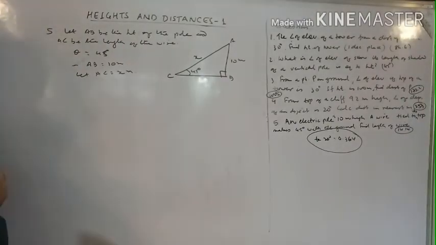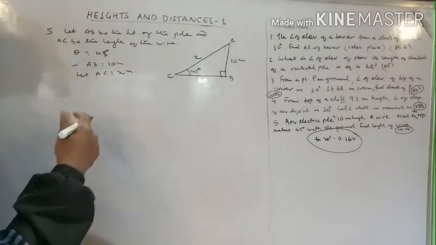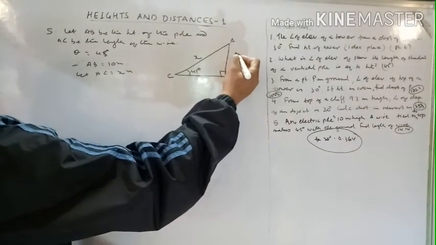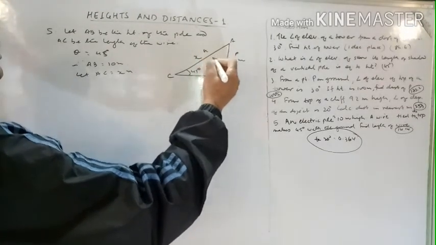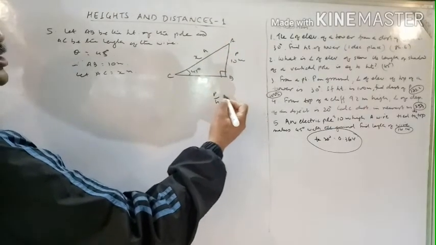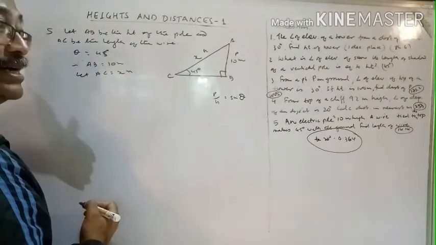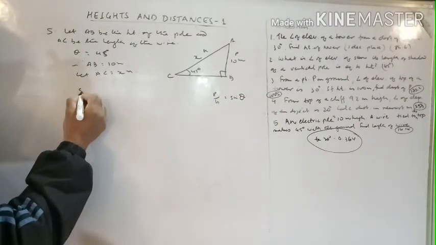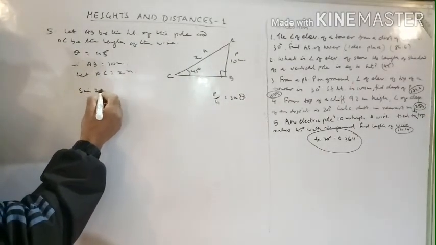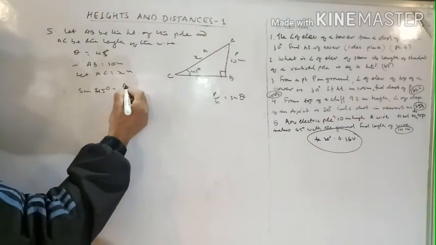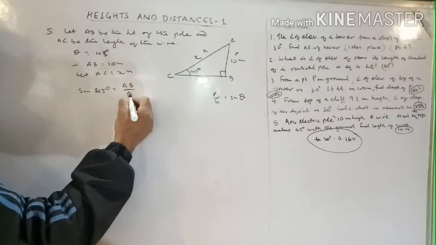Now you should be careful. Don't take tan all the time. Here the ratios involved are P and H. The P by H ratio is, some people have, sine theta. So you must take sine 45 degrees equal to AB by AC.